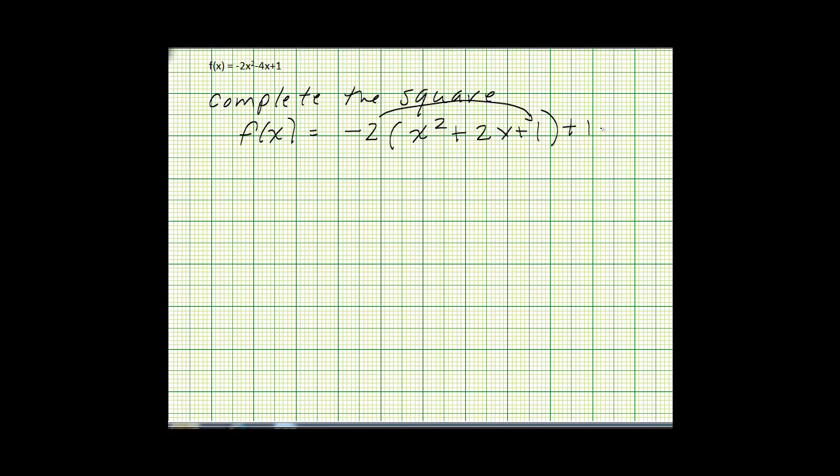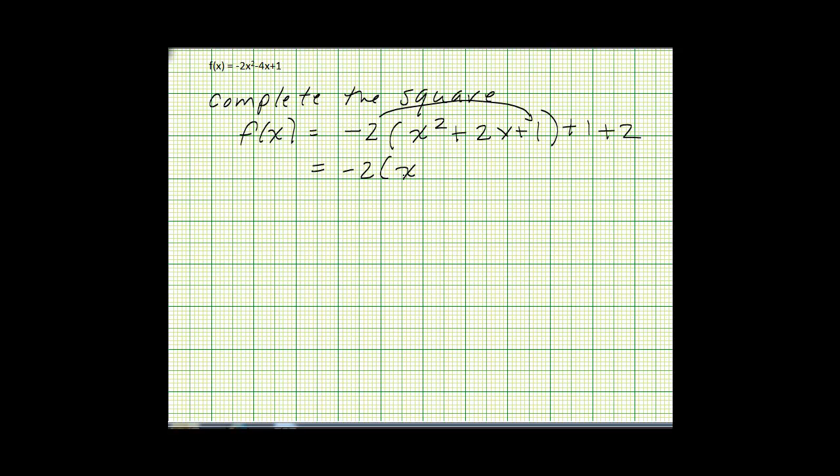And so to get rid of that, we want to add a positive 2. Everything has stayed even. We have to be careful because that is inside the parentheses, and the distributive property tells us that negative 2 will multiply by that.